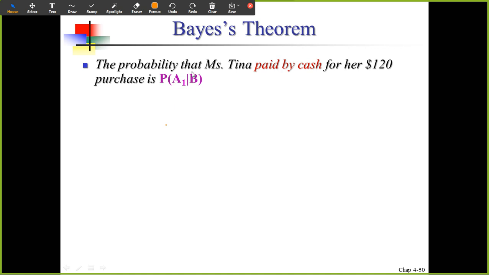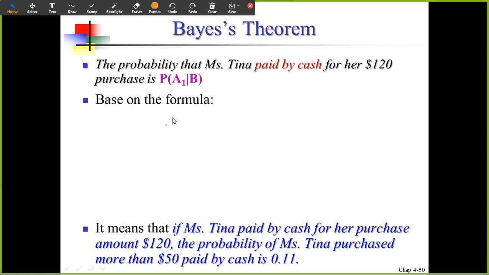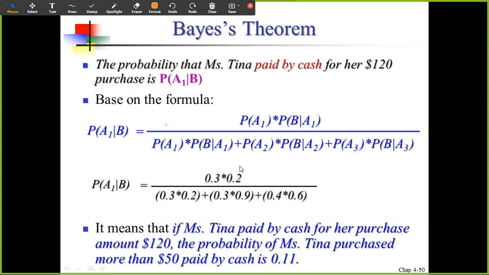For her purchase of 120, among customers who bought more than $50, the one who paid by cash. So this one: 11%.